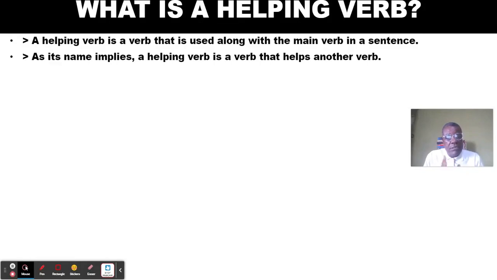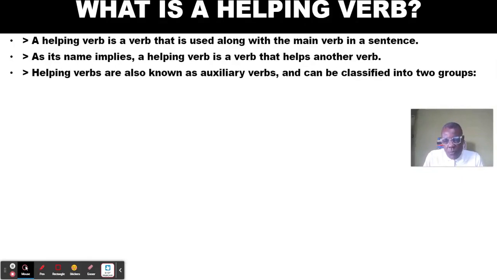It does not stand alone in a sentence. It is used with another verb, which it helps in conveying the intended meaning. Helping verbs are also known as auxiliary verbs and can be classified into two groups.